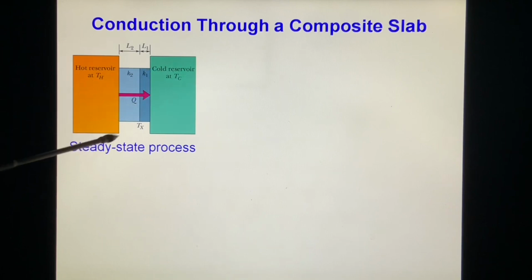When this is a steady state process, then we know that the heat passed through slab 1 equals the heat passed through slab 2, because it is steady.